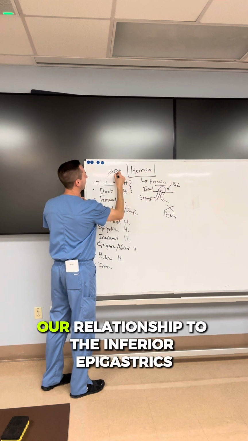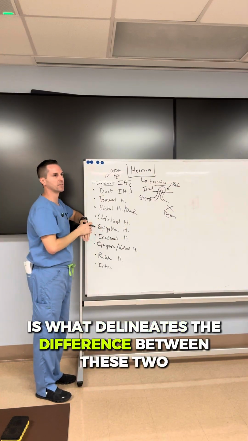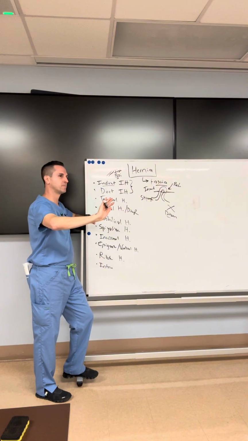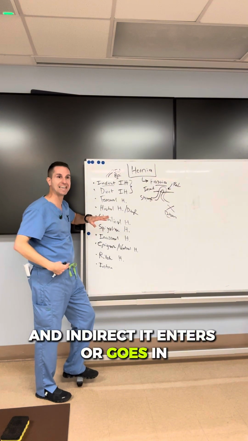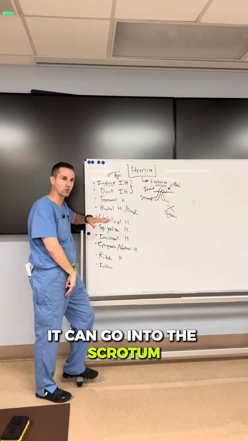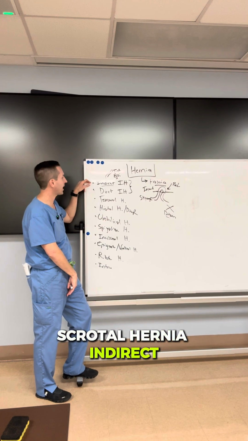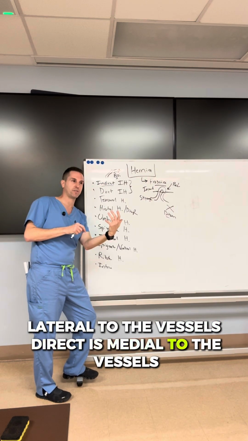So our relationship to the inferior epigastric vessels is what delineates the difference between these two. So indirect is what? I think it's lateral. It's lateral, okay? And indirect, it can go into the scrotum. So it's an indirect inguinal hernia, scrotal hernia. Indirect, lateral to the vessels. Direct is medial to the vessels.